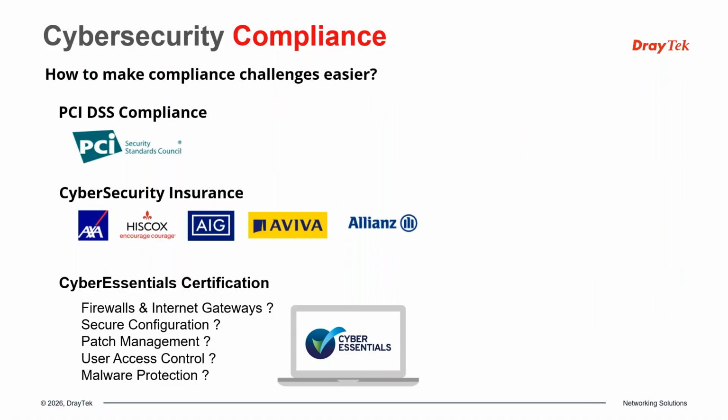It's a certification scheme that allows them to self-certify based on meeting some criteria and best practices around firewall internet gateways, secure configuration, patch management, user access control, and malware protection. It's a good thing to get, but it does mean there are some compliance things to go through to reach that and be able to get the certification.